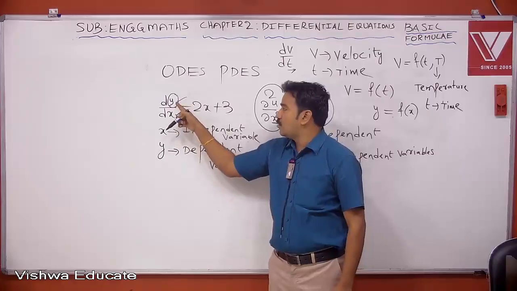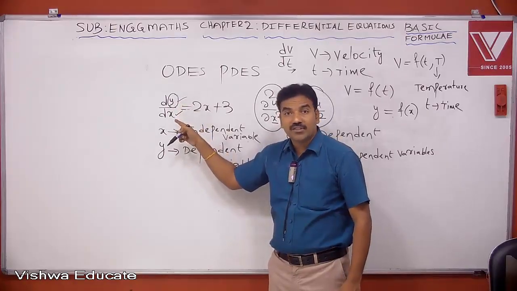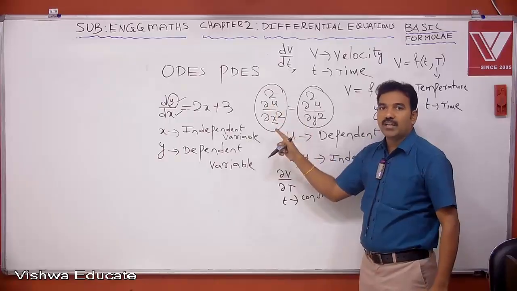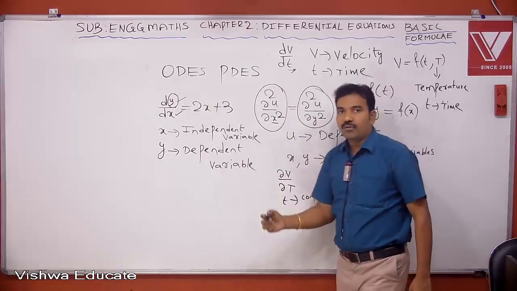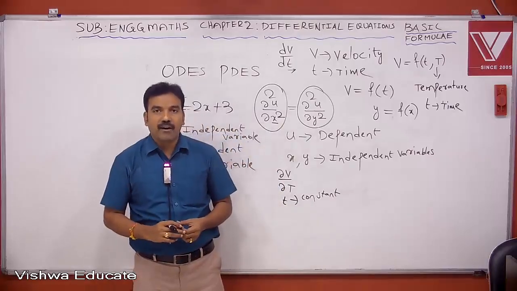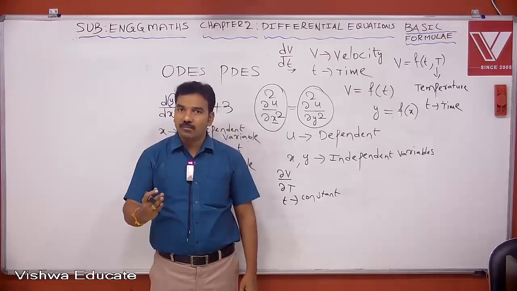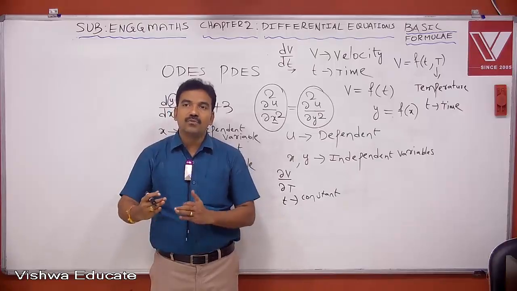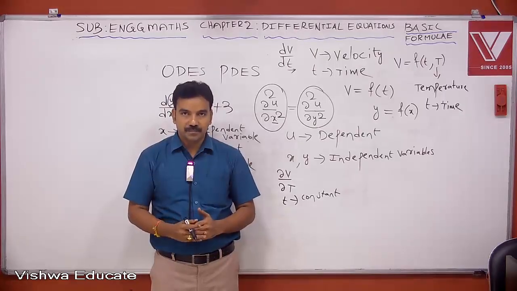So in this case, I need to get the value of y in terms of x. And in this case, I need to get the value of u in terms of x and y. Therefore, in differential equations, solving a differential equation is nothing but finding the value of dependent variable in terms of independent variables. So these things we do normally in differential equations.